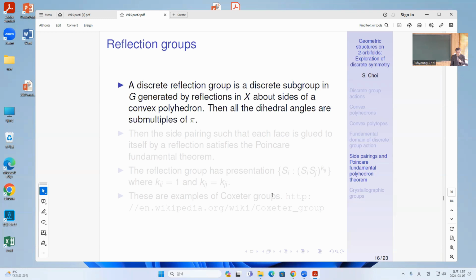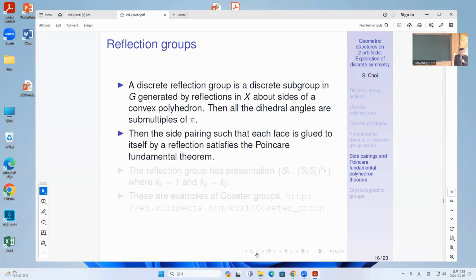So now we can also go to reflection groups. A discrete reflection group is a discrete group in G generated by reflections in X about sides of a convex polyhedron. And you have to assume that the dihedral angles are always submultiples of pi, so pi divided by some integer. Then the side pairing is that each side is glued to itself by the reflection of that side, so it just goes to itself.